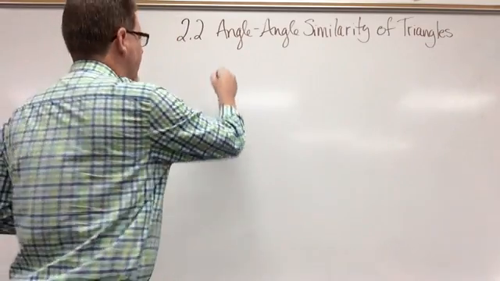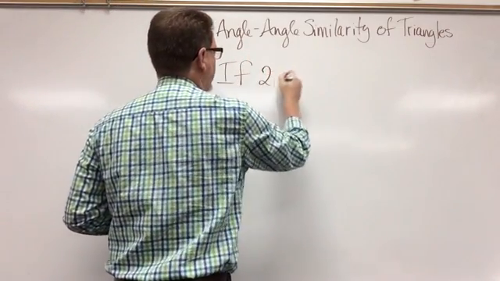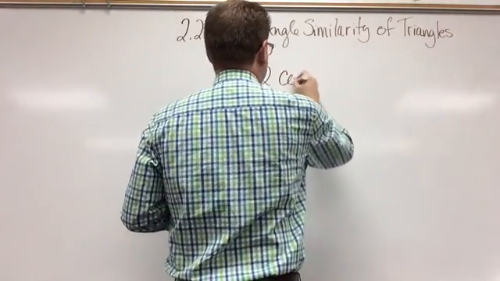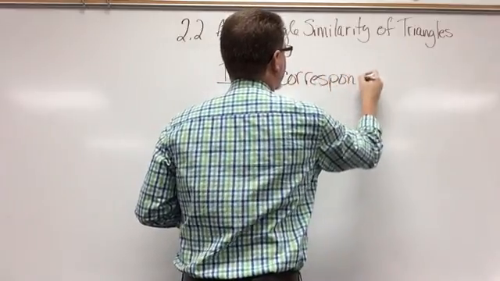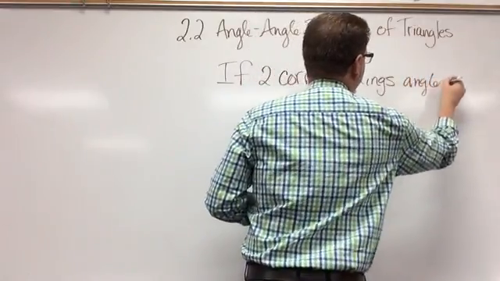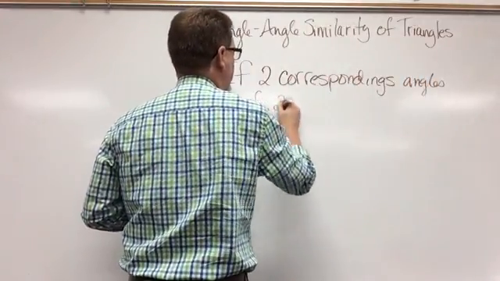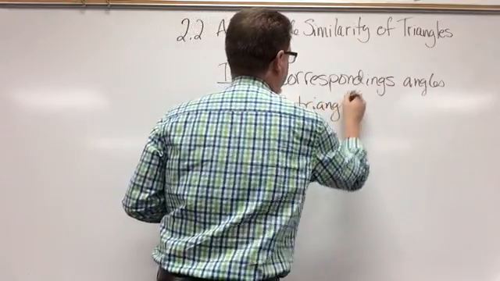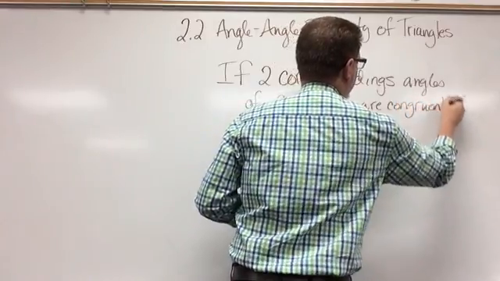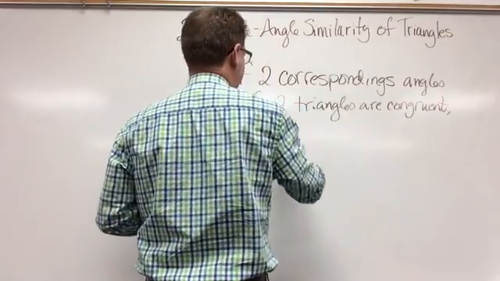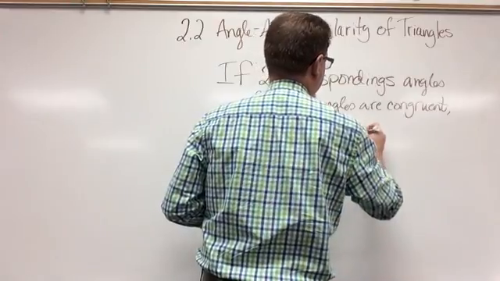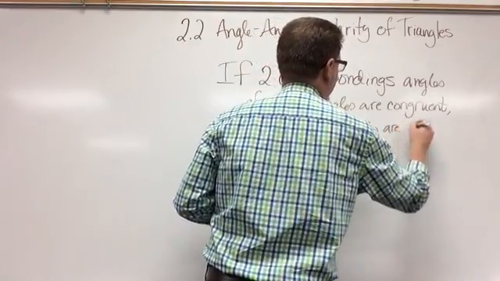This says that if, and write this down, two corresponding angles of two triangles are congruent, then the triangles are similar.